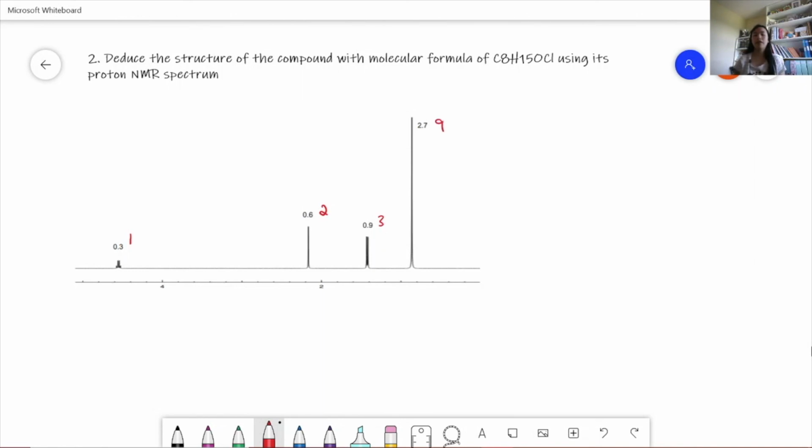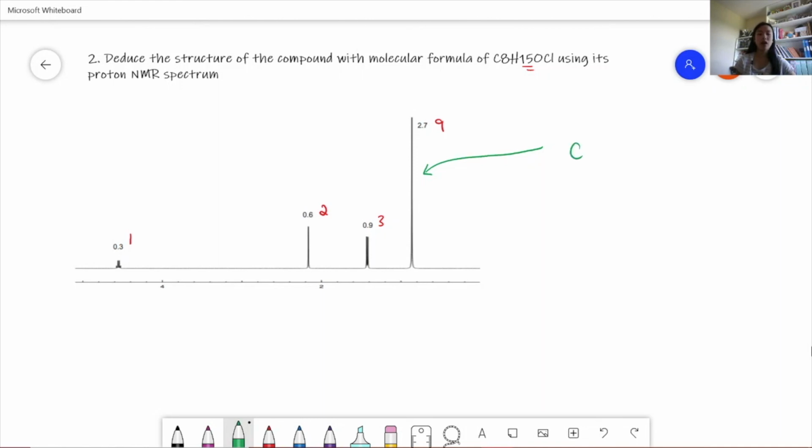So now we have the relative intensities, and these should add up to 15, like we have in the molecular formula. And now the first one I look at is probably the 9, because it's a singlet, and it's also got relative intensity of 9, and so that gives me a really big clue as to what this part of the structure would look like. Because the only way we can have 9 hydrogens being in the same environment is if they're all on the same carbon.